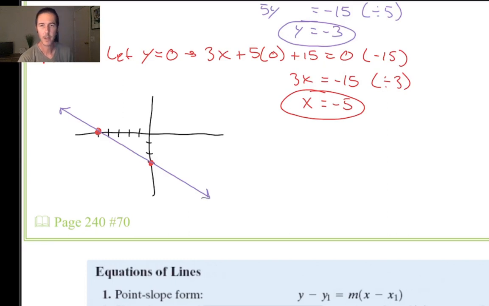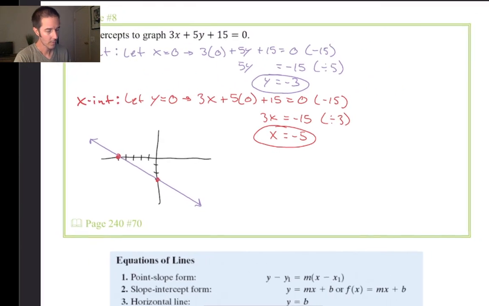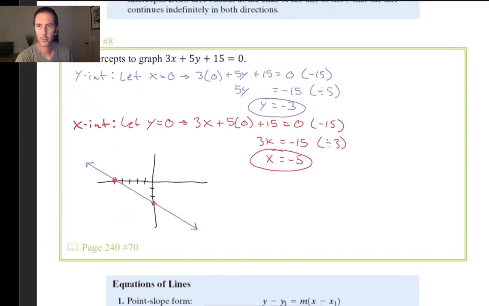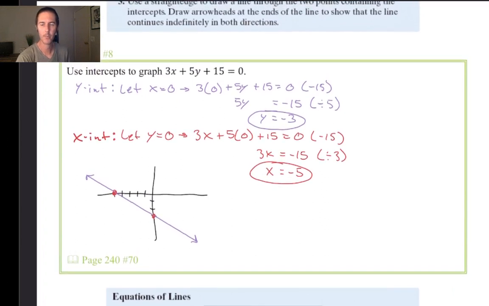If you're graphing this line online, then those are the 2 points that you would need to click on in order to get this answer correct, because you were told to use the intercepts to graph the line. Although the instructions are hiding behind me, there you go. Is it possible that I could click on 2 other points in order to get the exact same line? Absolutely.